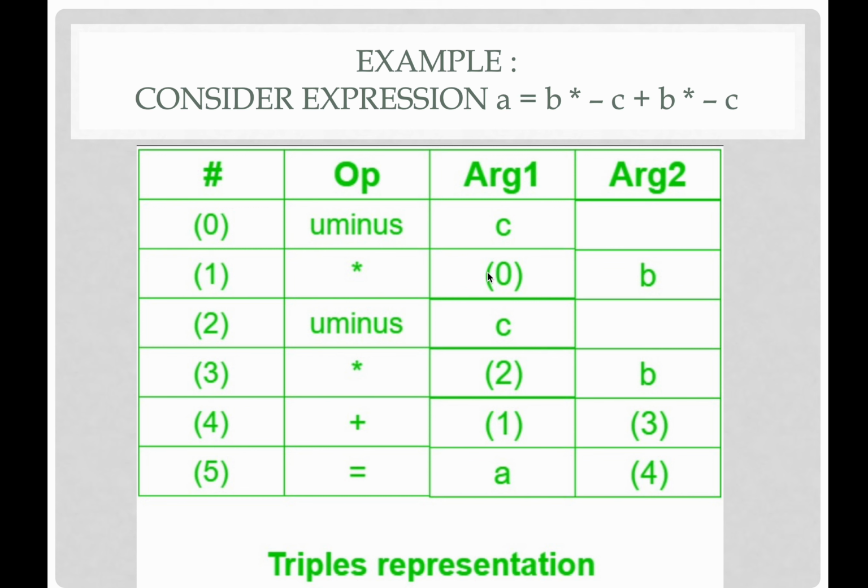Here in triples representation we have to read it as: the first column result star b is stored in the second column. Here second column means index 1. Let's read it once again. The first column result is multiplied with b and finally stored into the second column. 0 star b is equal to 1.